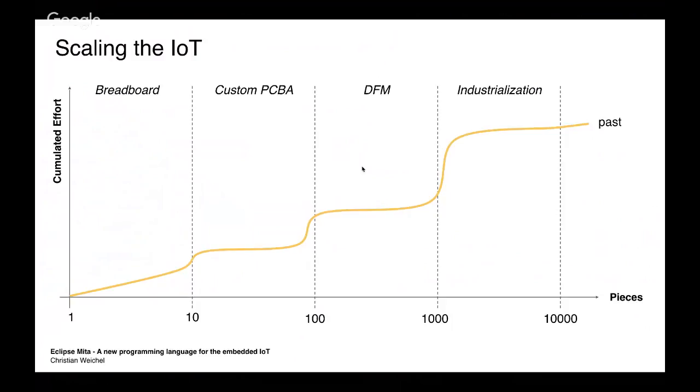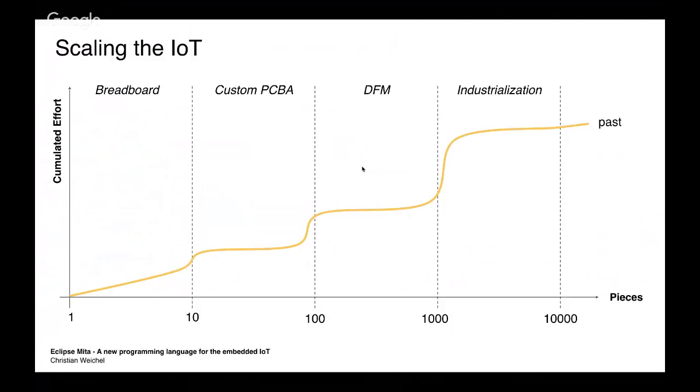And so at some point, you'll start building your own PCB, your own circuit board with components on it. And that is fine up until another sort of, say, 100 devices or so, at which point it will make sense to look into some cost down and get that manufactured elsewhere. And then if you're looking at industrialization, meaning actually selling a product, you're facing an entirely different set of barriers.